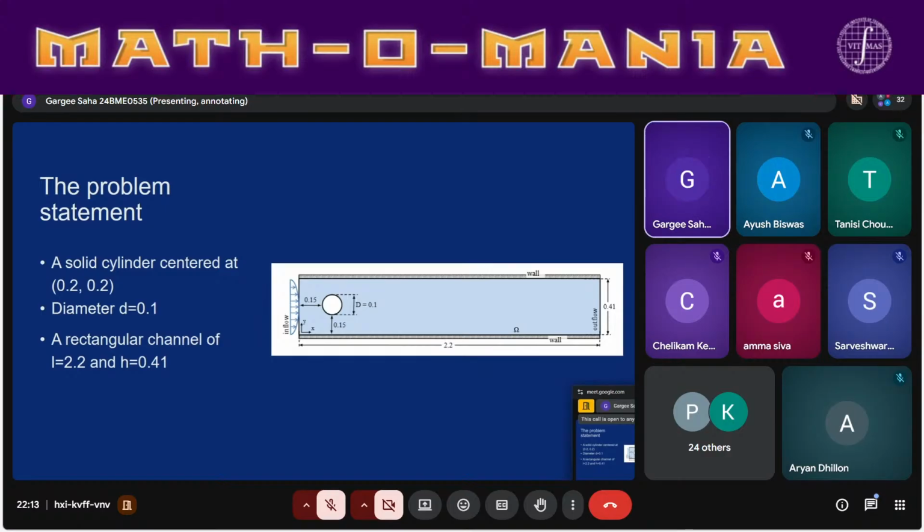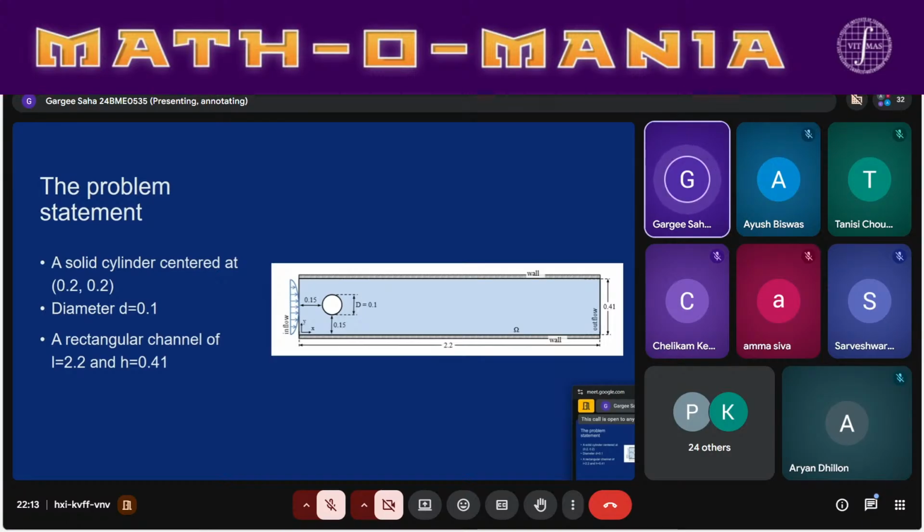We will also discuss that the fluid itself is not as viscous as water, which is of viscosity around 1, and the viscosity of air, which is around 10 to the power of minus 5.